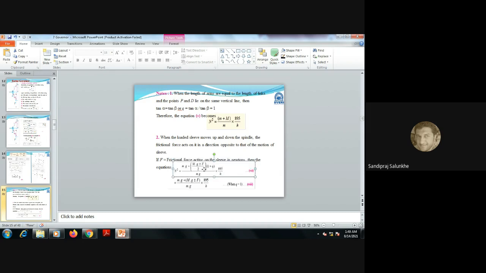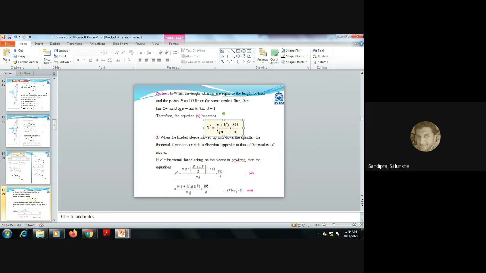So when you convert this equation in terms of n, this equation comes as n square is equal to, okay, we got the equation. This equation is without considering the frictional force.